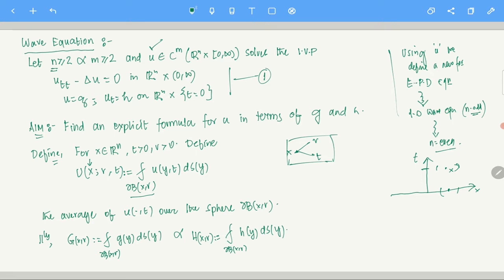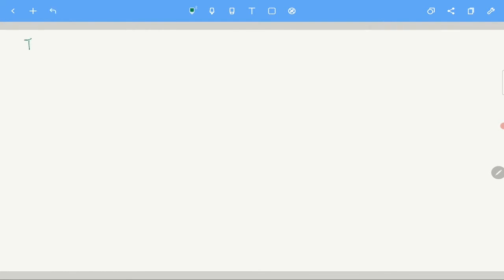Now you understand that for a fixed x we regard capital U as a function of r and t, and once you do that you find a new formula, the equation which U satisfies. So let me write down, this is a theorem. This theorem is called the Euler-Poisson-Darboux equation.